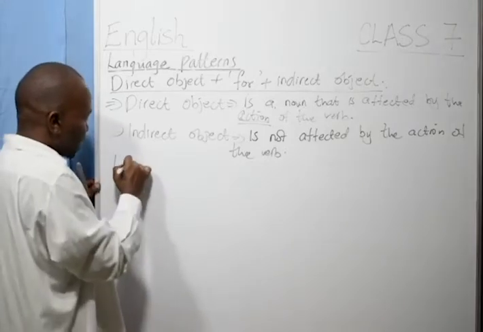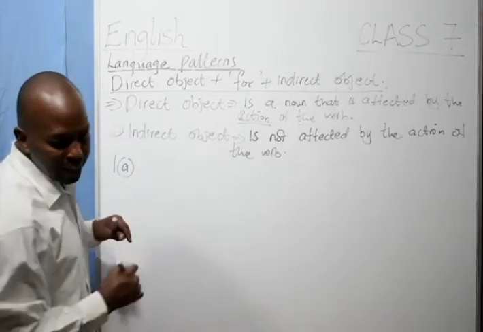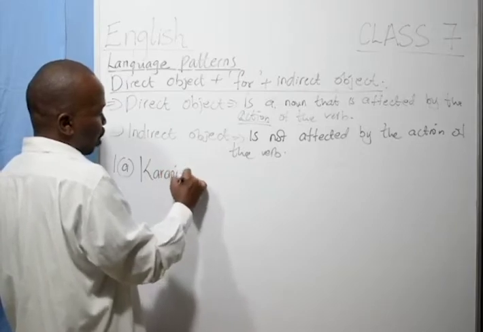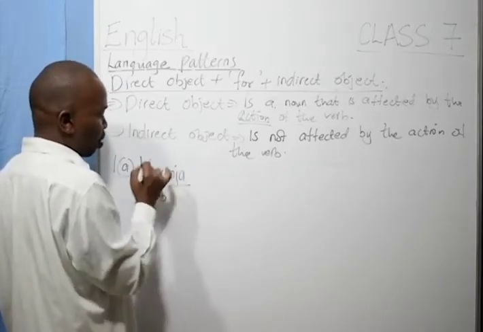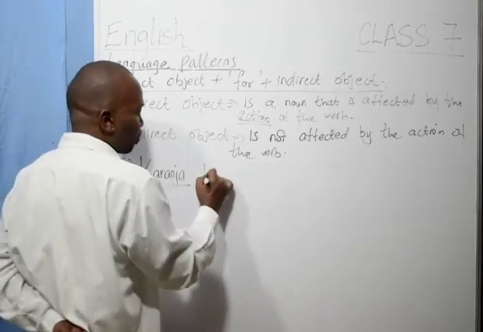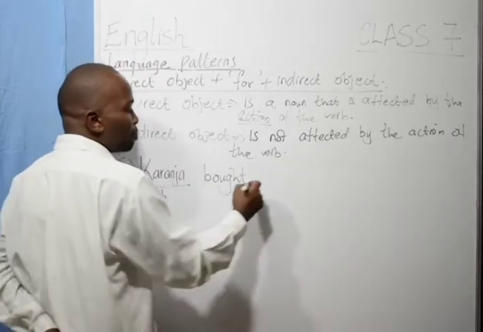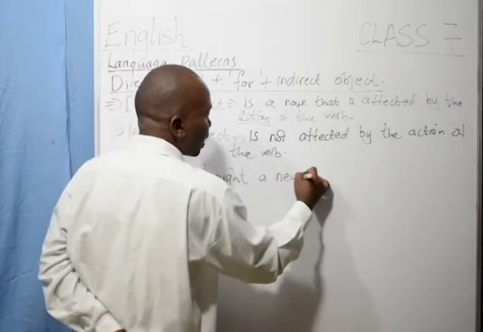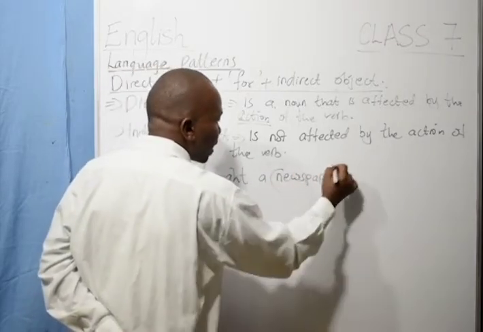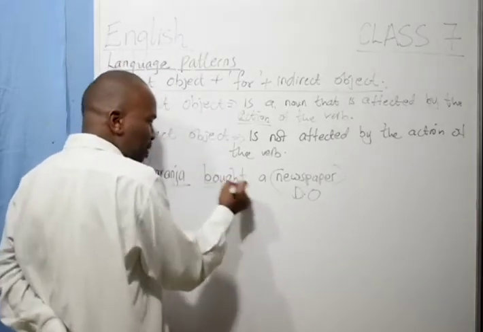So let's look at these sentences. This sentence that I'm going to write here. We can say Karanja, who is the subject, that is now the doer of the action that we shall be mentioning. Karanja bought. What did he buy? He bought a newspaper. So, newspaper is the direct object. It is affected by the buying.